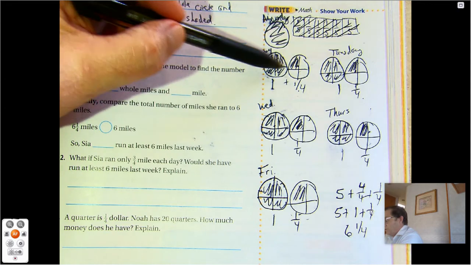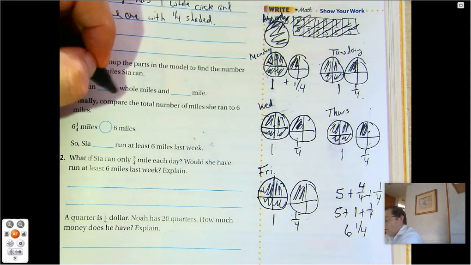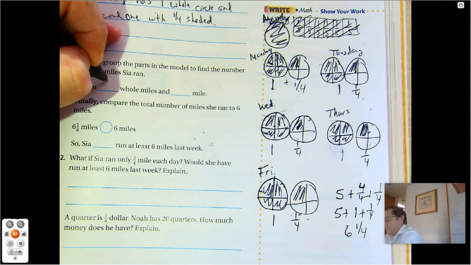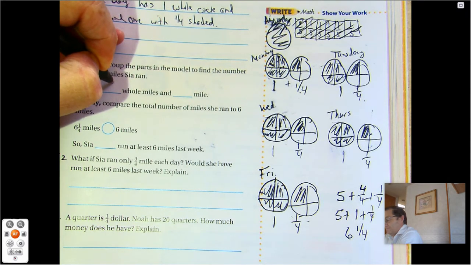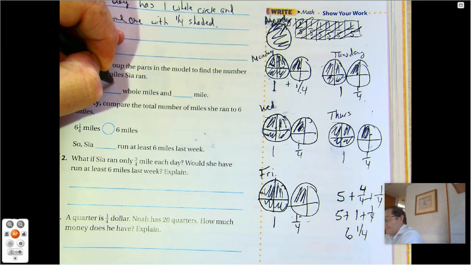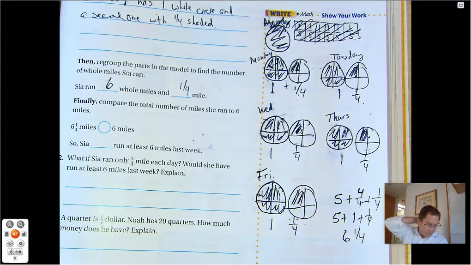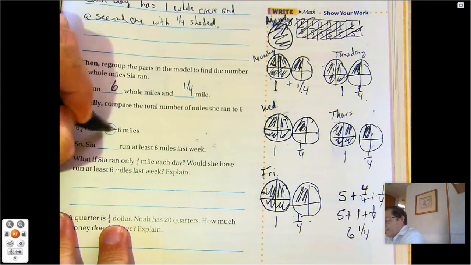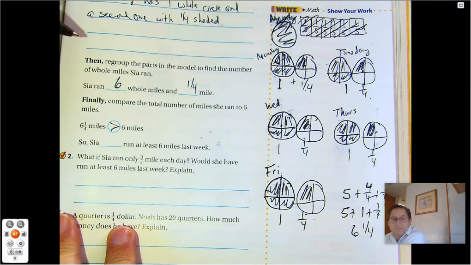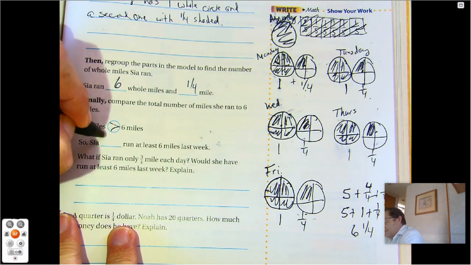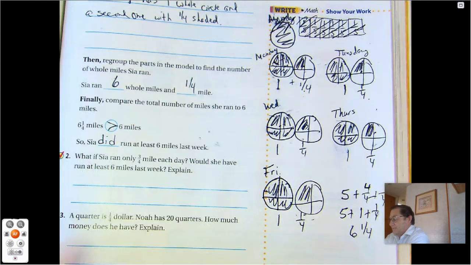So she ran 1, 2, 3, 4, 5 whole miles. I'm sorry, 6 whole miles and 1/4 left over. So 6 and 1/4 is greater than 6. So Sia did run at least 6 miles last week.